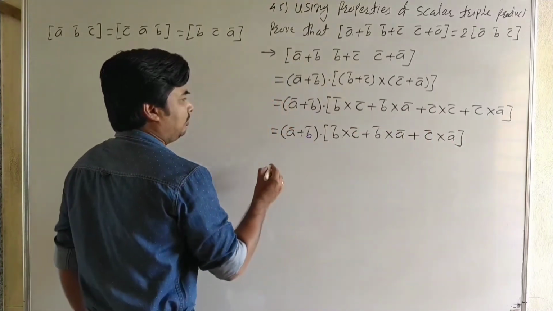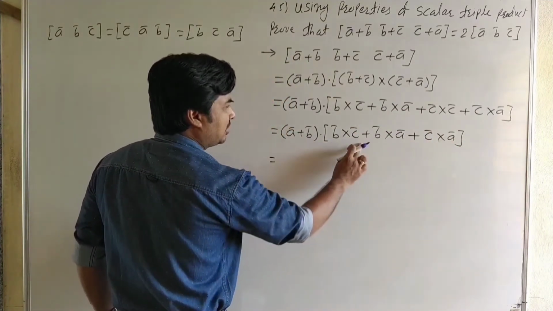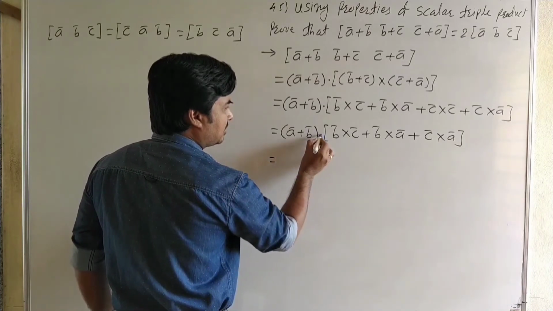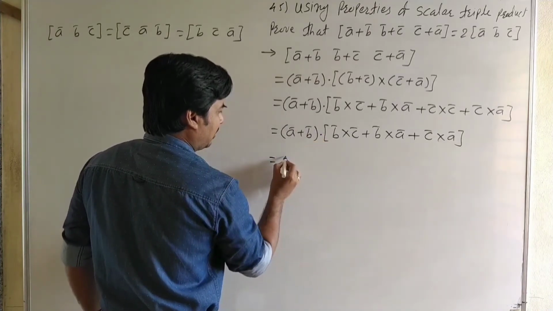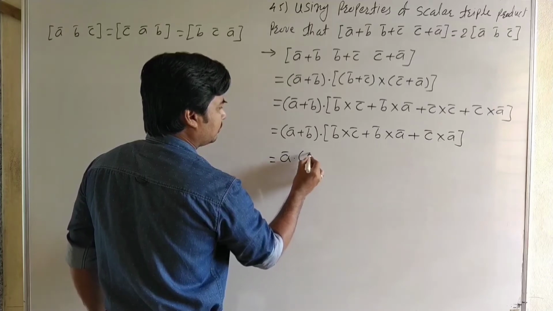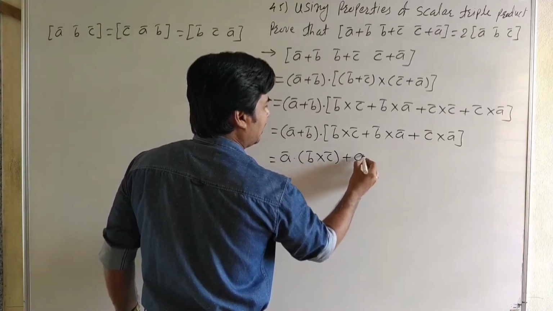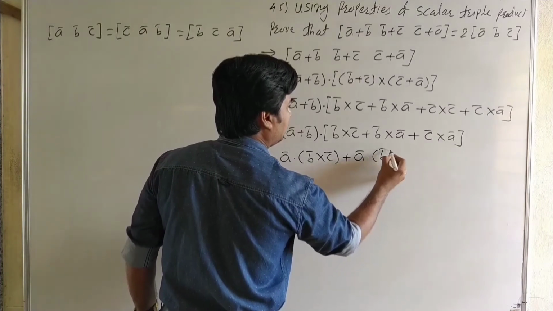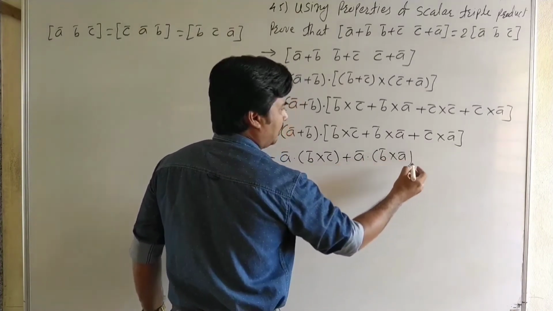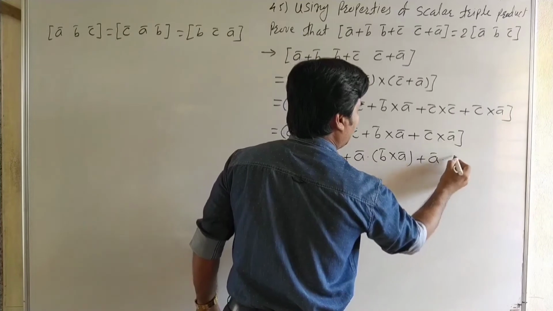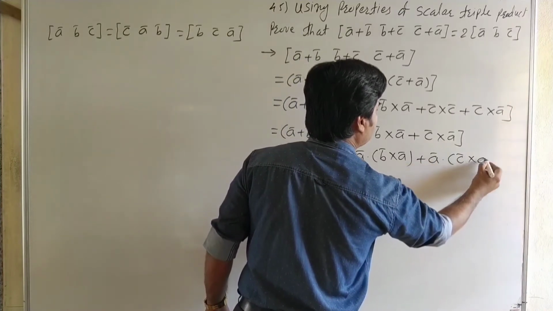Okay, now again multiply these two brackets, but here the multiplication is a dot. Therefore a bar dot b bar cross c bar plus a bar dot b bar cross a bar plus a bar dot c bar cross a bar.